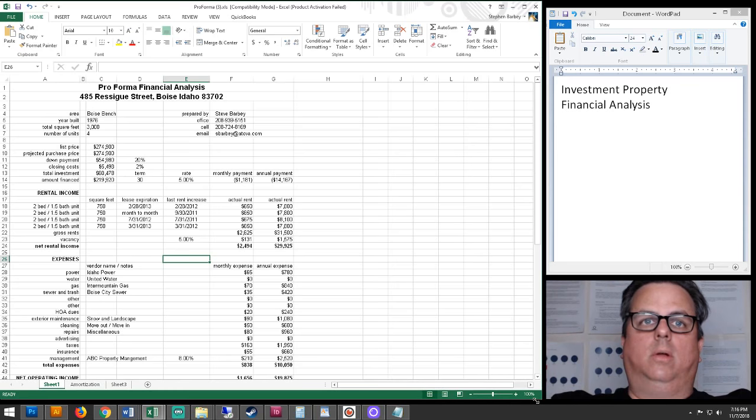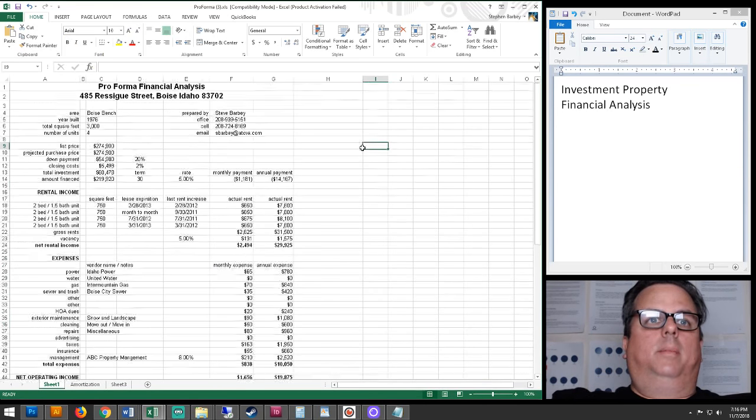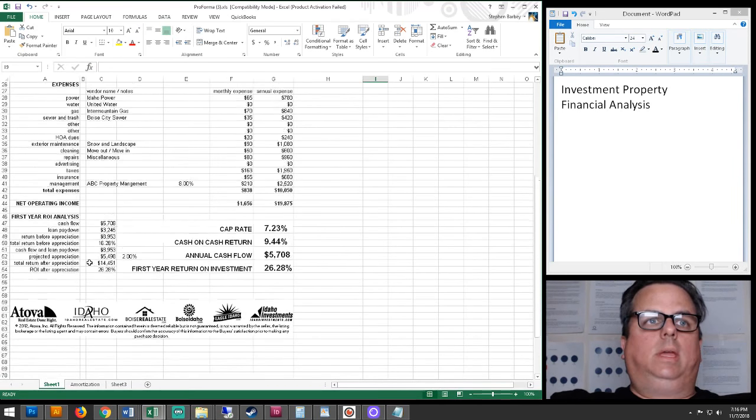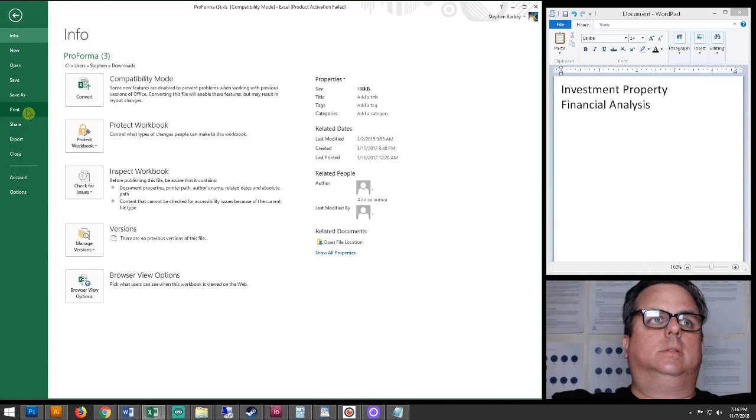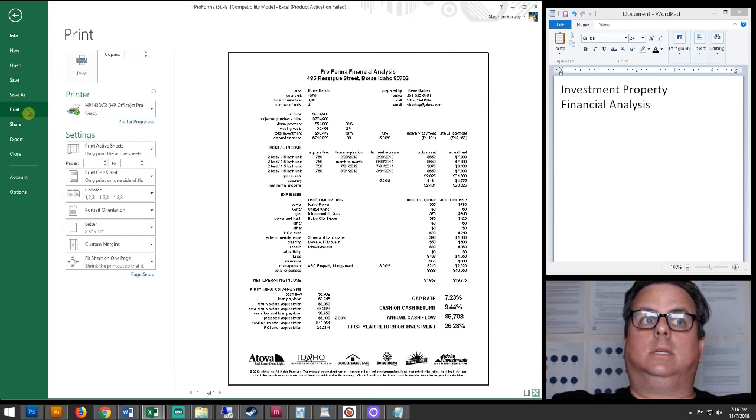All right, so if we do a print preview of this, file, print, is there not a print preview? There's got to be a print preview. Well, here it is right here, print preview. So this is what the page looks like once it's printed.